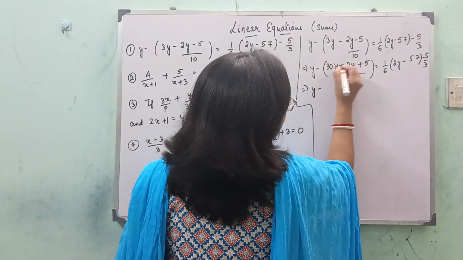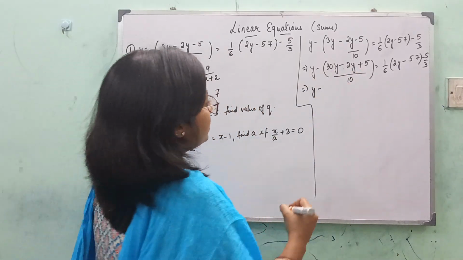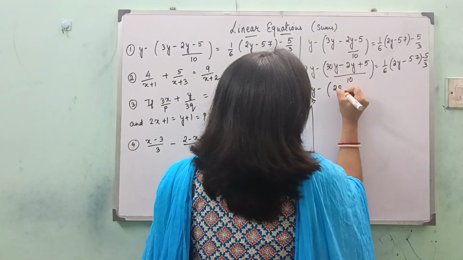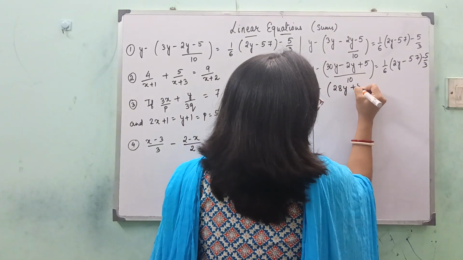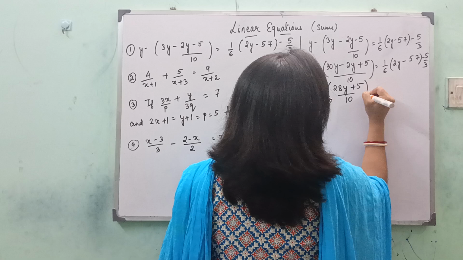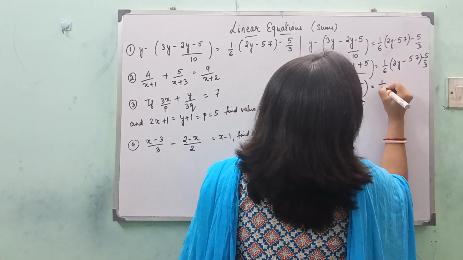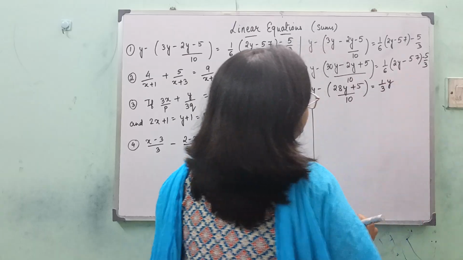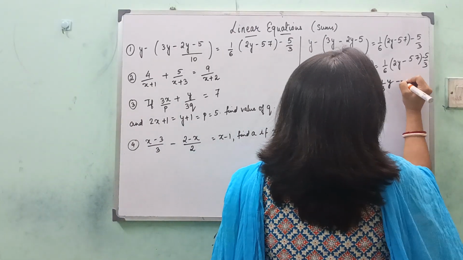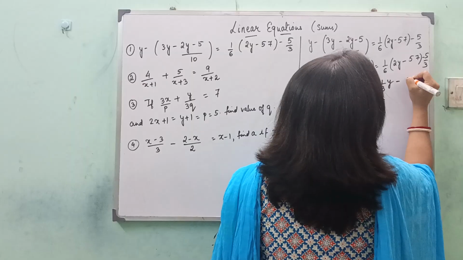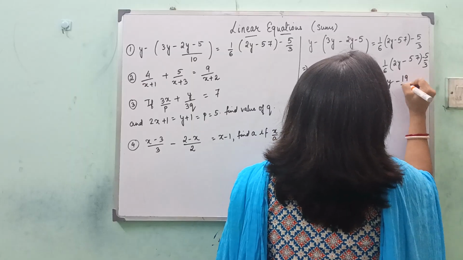Y minus 30 minus 2y is 28y plus 5 by 10. This is 2 by 3y, so 1 by 3y minus 57 means this is 19 by 2.